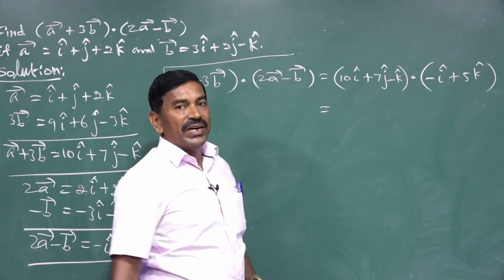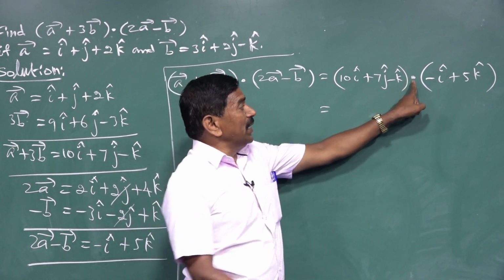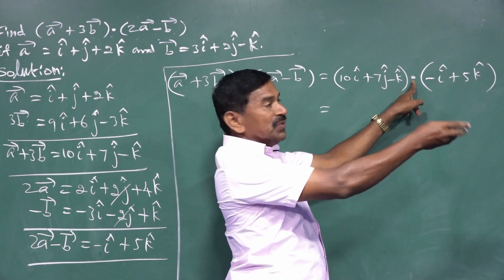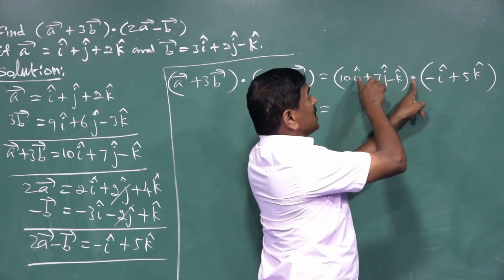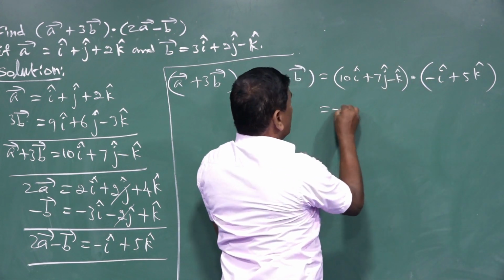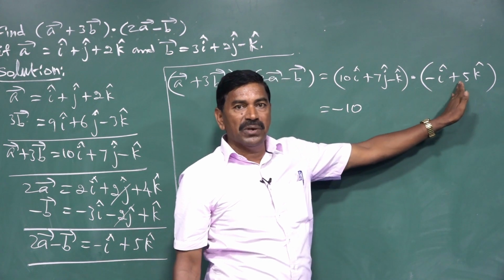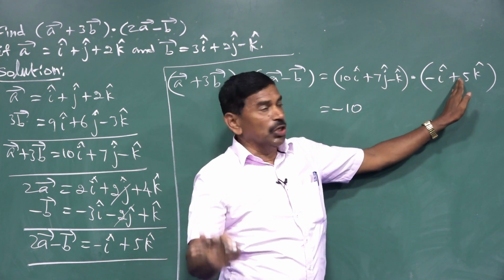What is the calculation, please? If the dot product is defined between the two vectors, it means like-with-like multiplication, that is I to I. I to I means 10 into minus 1, minus 10. Next, J to J, whether possible? No. Very good. Here J is present, J is absent, no need to multiply.